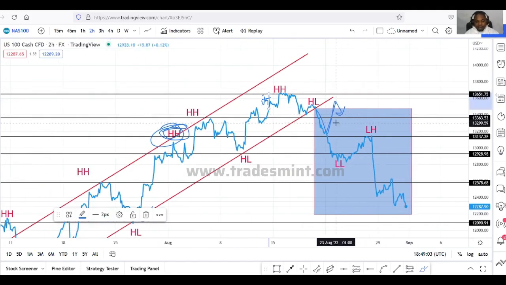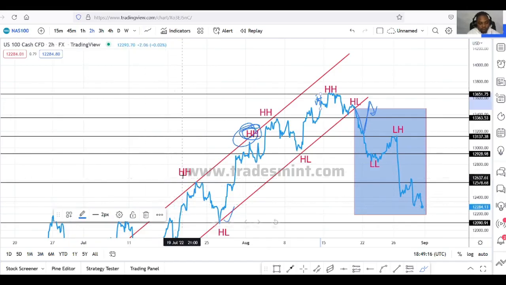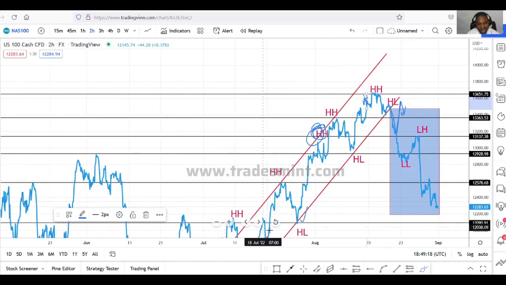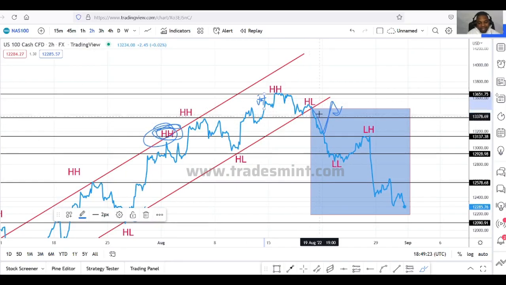So this is the strategy that I use, and most of the time, not 100%, but 90% of the times I've been highly profitable. What's important about the strategy is that you must be able to name your higher highs and your higher lows, and be able to spot the change of direction. The change of direction happens when you break the higher low. The moment you break the higher low, always make sure that you start looking for opportunities. Look for what?